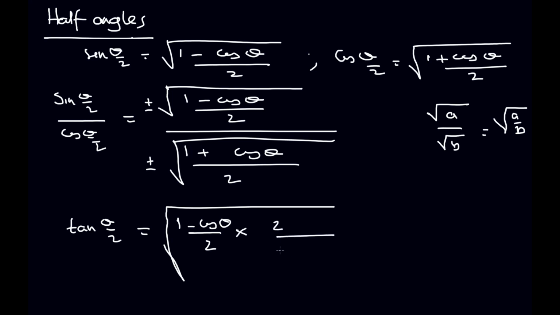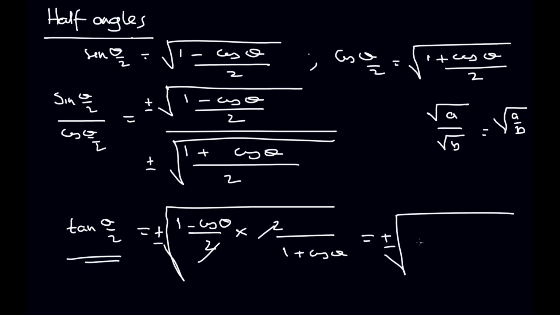The 2's are going to go. Here I still have my plus or minus. Then tan theta over 2 will therefore be plus or minus the square root of 1 minus cos theta over 1 plus cos theta. So this is the third half angle.